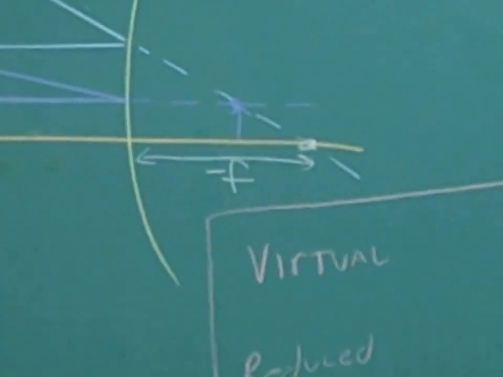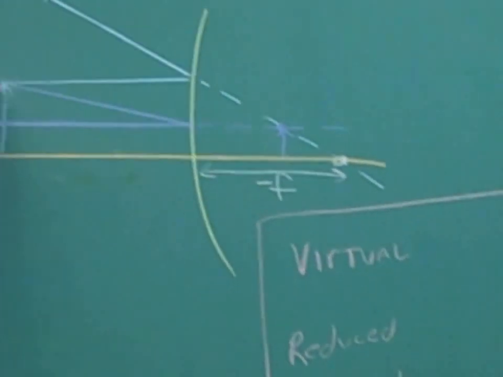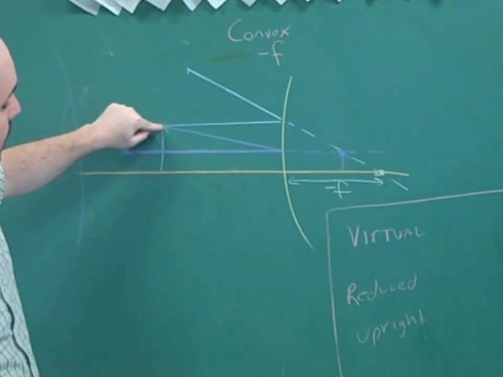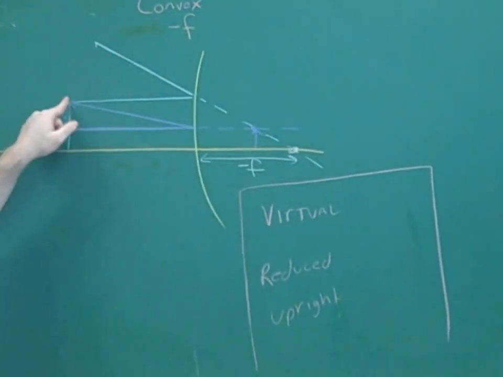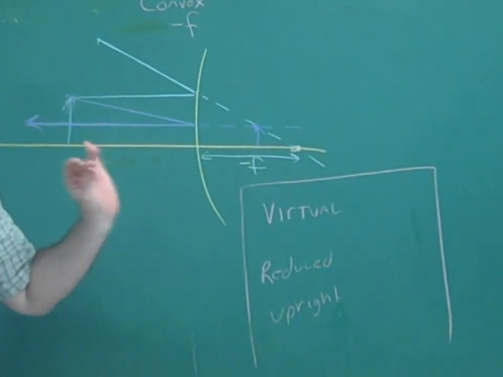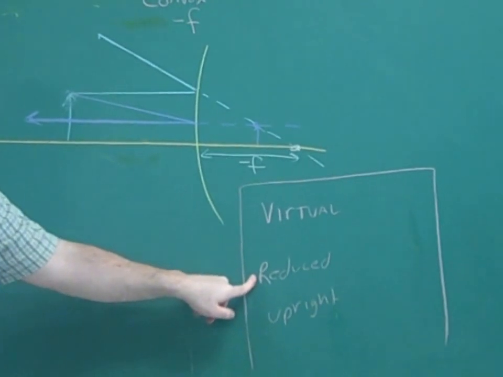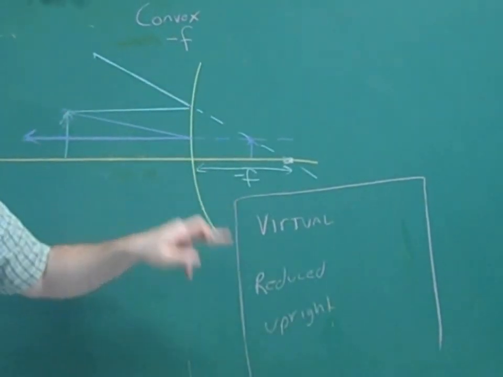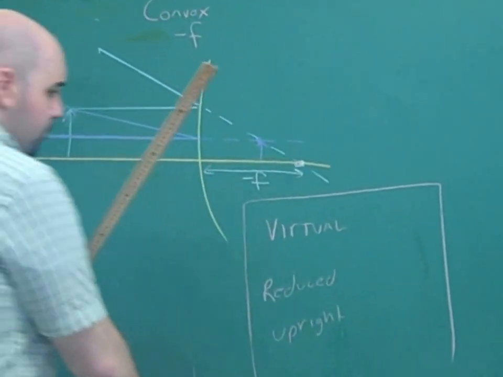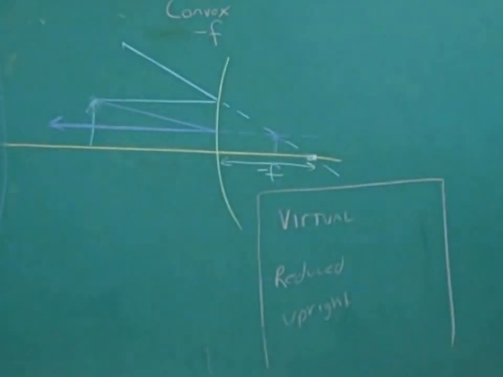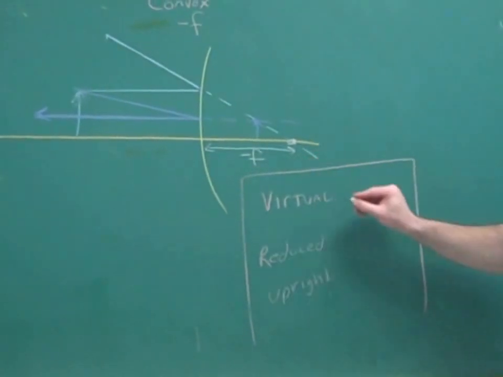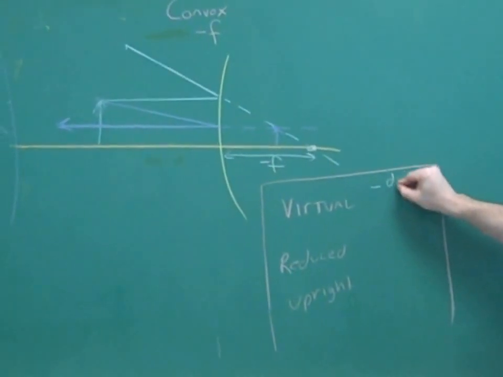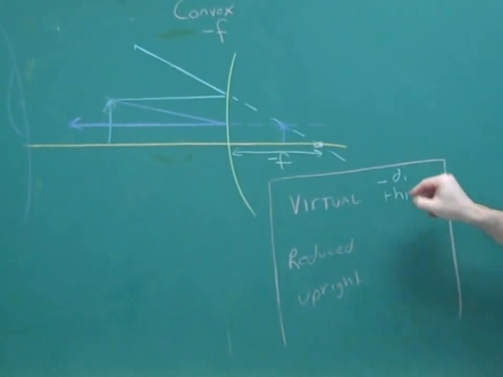Now, quick note. Notice, it is physically impossible for this arrow that's pointing to the focal point to ever be higher than it starts. This will always reduce your image. And because of the scattering, it'll always be virtual and upright. Just a reminder, because I'm going to keep on hitting this point, virtual, you have a negative DI, a positive HI.